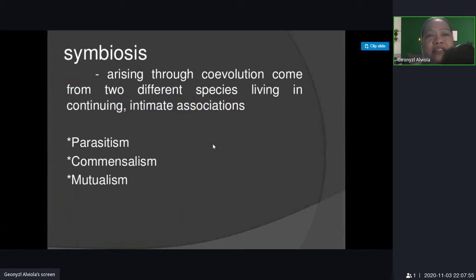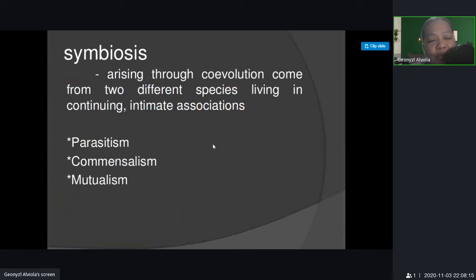But it doesn't harm the termite. This invertebrate found in its gut gets nourishment as the termite eats. So nothing happens to the termite.